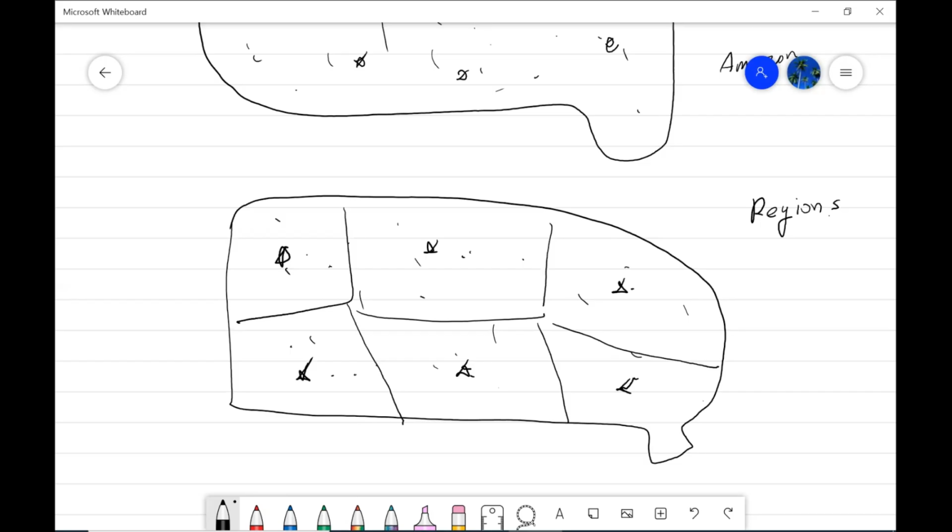So that way, for example, in this area A, a customer in this location wants some book.